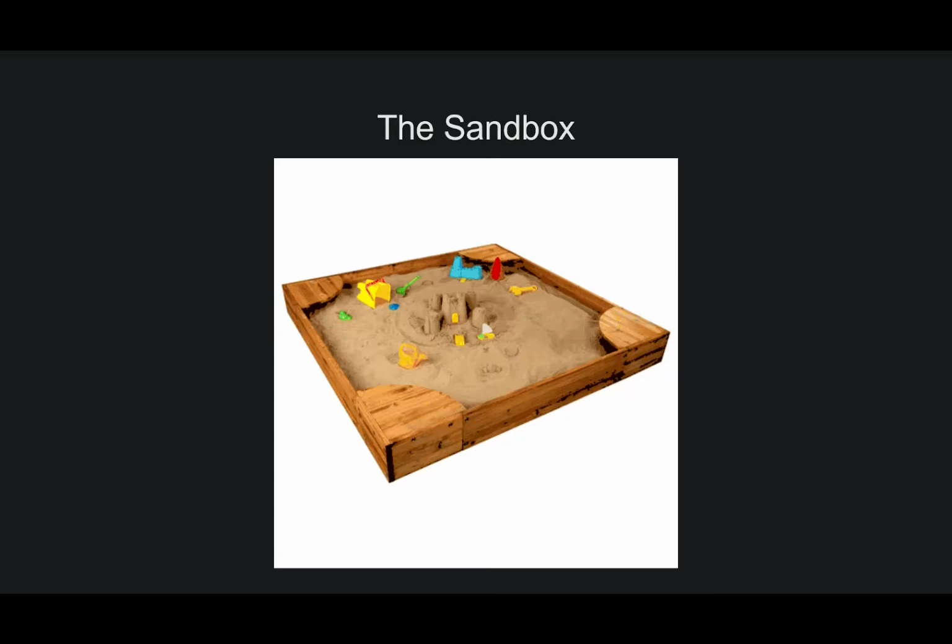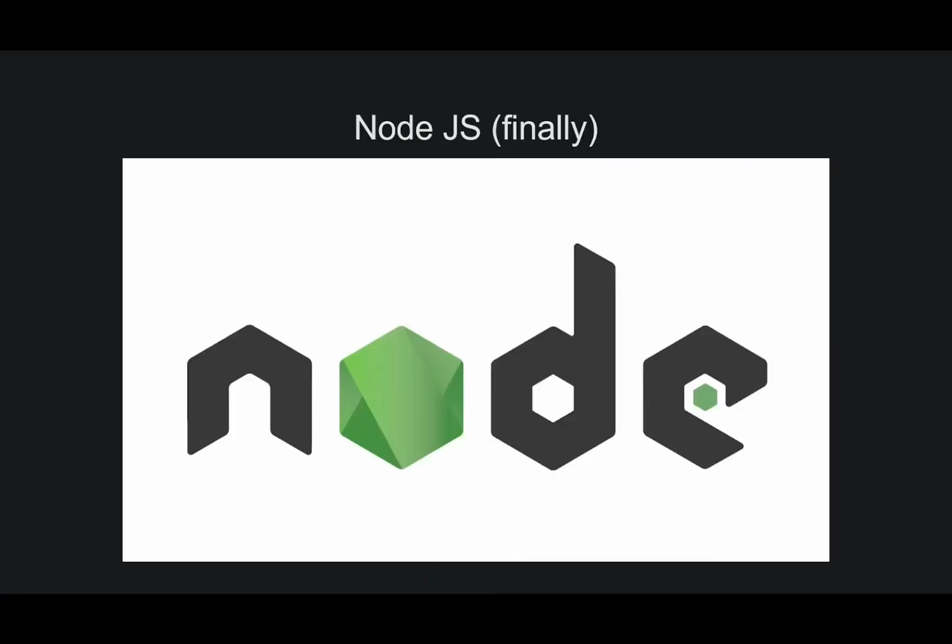So the thinking went, why not remove the sandbox? And now we finally have gotten to Node.js. Node.js is the V8 virtual machine from Google Chrome. The developer took the V8 virtual machine out of Chrome, attached a bunch of stuff to it, and that stuff includes access to the operating system, access to the file system, access to the terminal, access to basically everything.